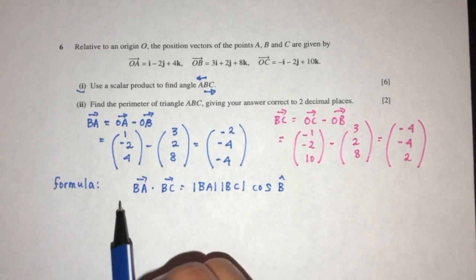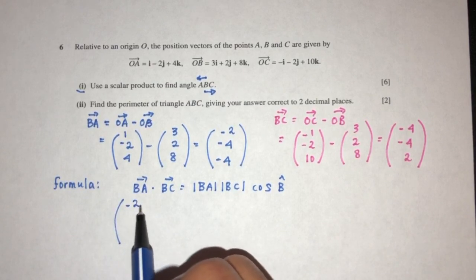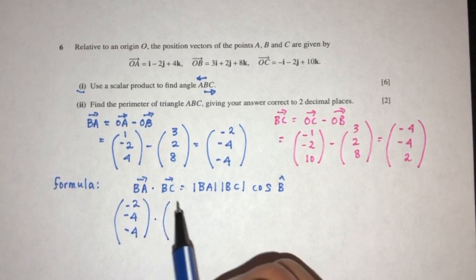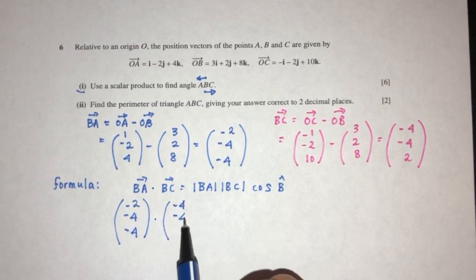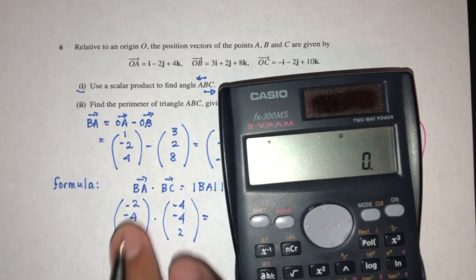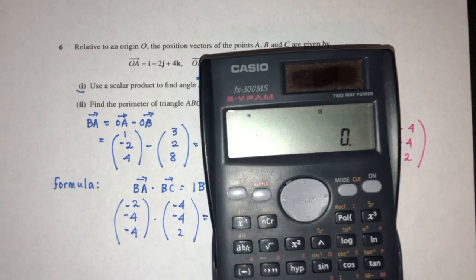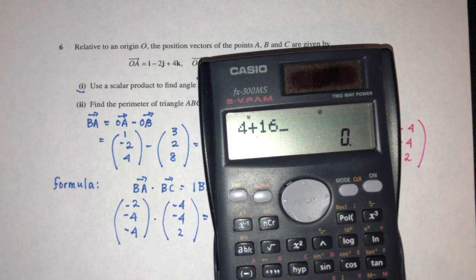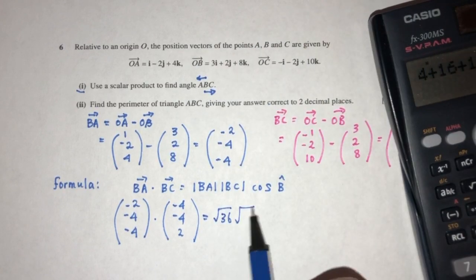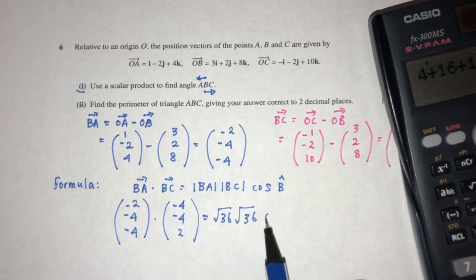Now BA is minus 2, minus 4, 4, dot BC, minus 4, 2. The magnitude will be what? So we just have to square the values here. Minus 2 squared is 4, plus 16, plus 16, that is root of 36.